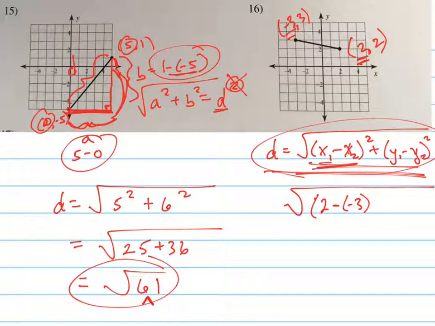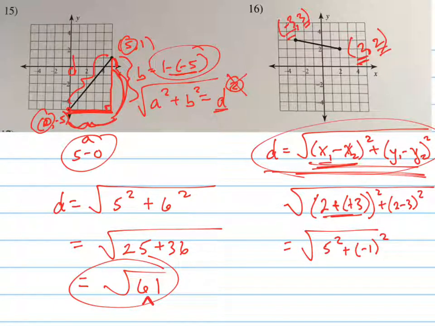Most people make a mistake in actually plugging in the numbers. That's a very common mistake to make. Squared plus, there's my y's, 2 minus 3 squared. So that equals, these become a plus a positive, so that's 5 squared plus -1 squared.